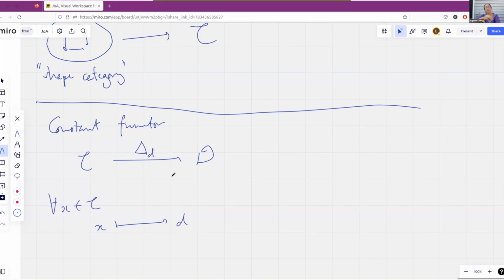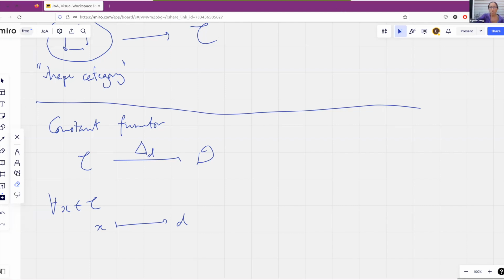So is that a forgetful functor? I would tend not to call that a forgetful functor because you're not really forgetting properties of the objects. You're just collapsing the entire category to a point. Let me just pause for a second.